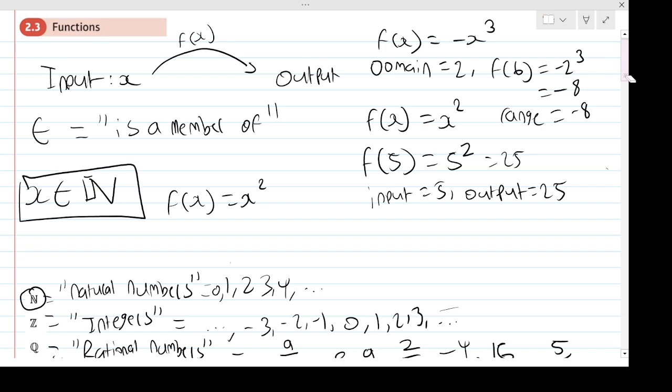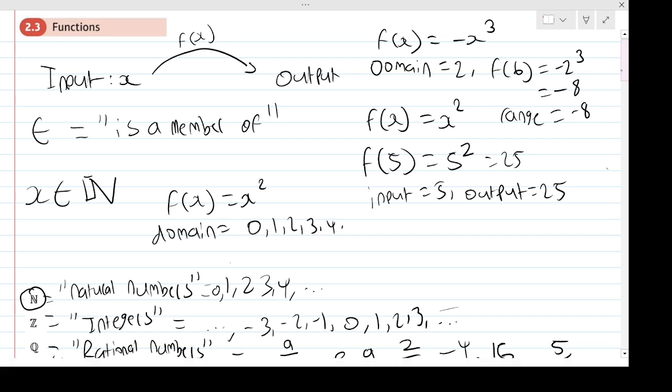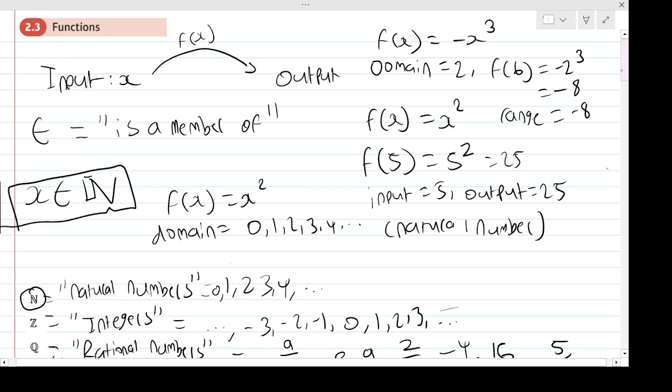That's what this is saying, okay? So for example, our domain in this case would be 0, 1, 2, 3, 4. Those are the values we're plugging in, because it's a natural number in this case.